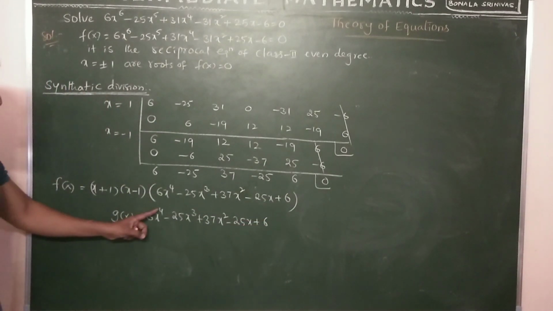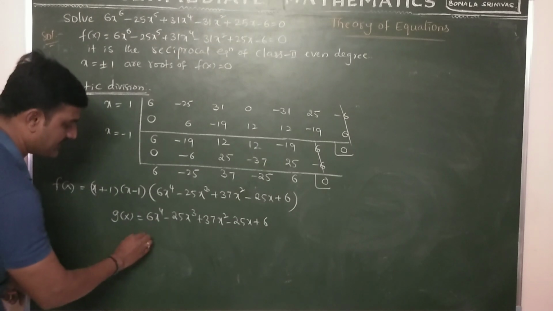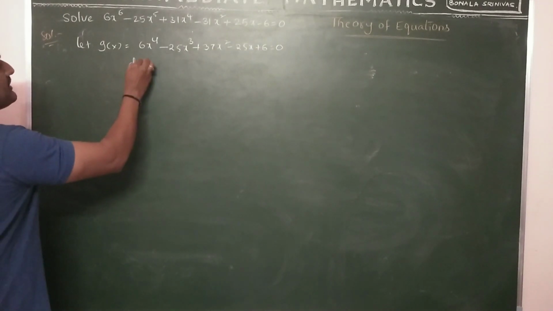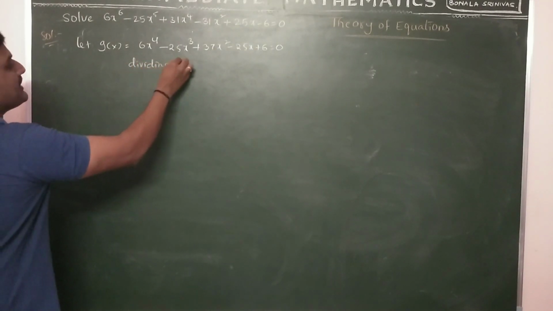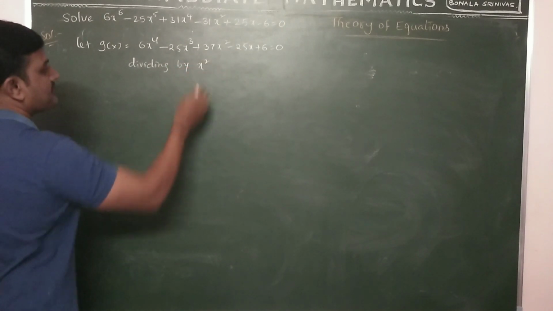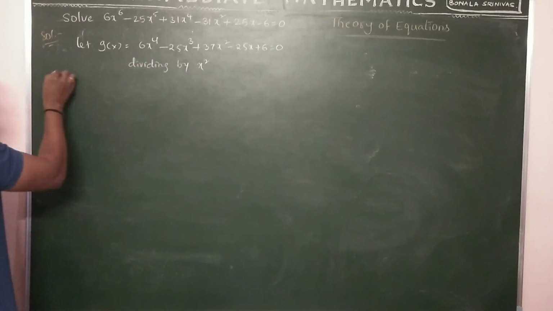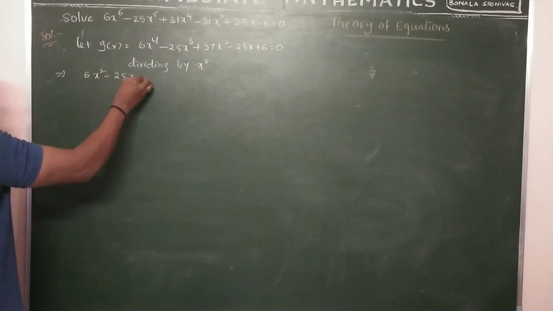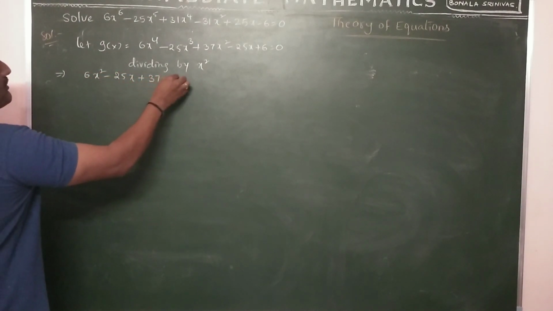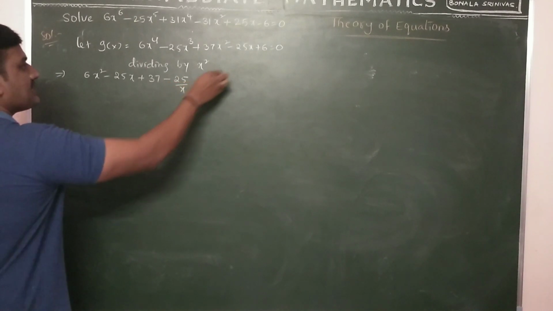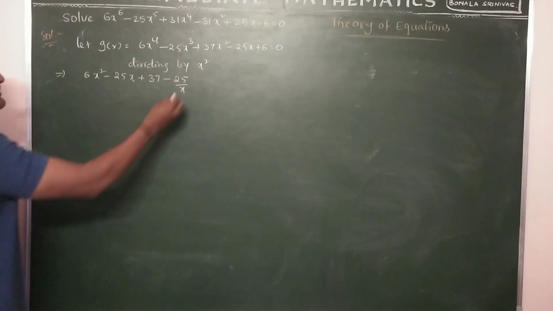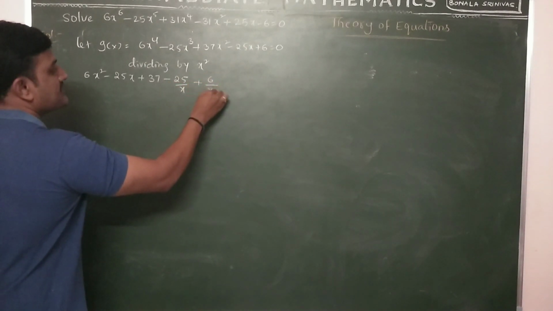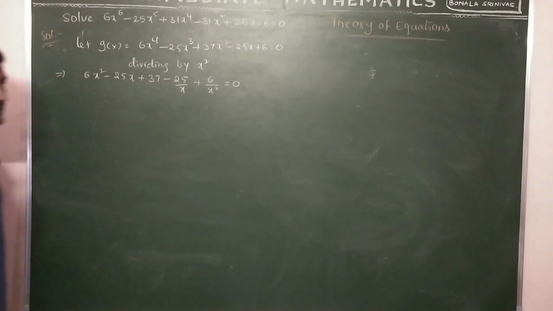Let us observe it is an even degree, so definitely divide by x square. Then we will get 6x square minus 25x plus 37 minus 25 by x, yes or no? Only x is there. Plus 6 by x square equals 0.